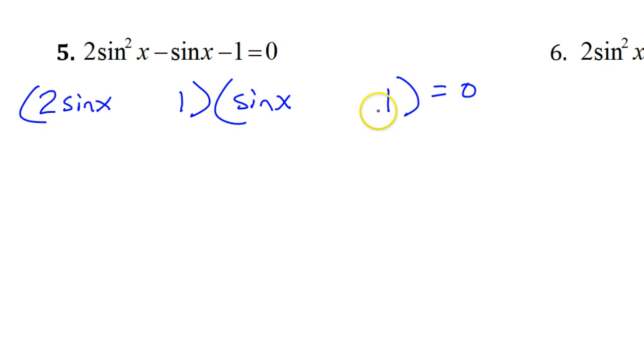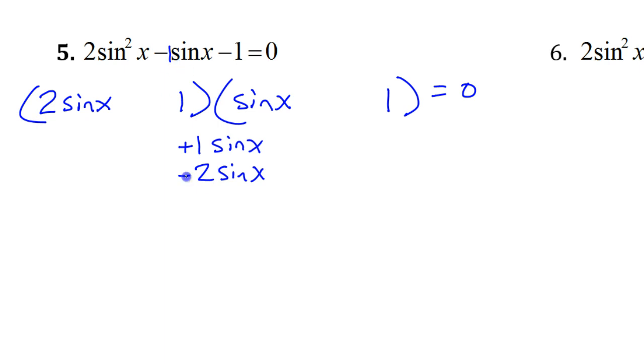Inner plus outer must equal middle. Inner, I have 1 sine x. Outer, I have 2 sine x. I'm trying to get negative 1 sine x in the middle. I will get negative 1 if this is a positive 1 sine x and this is a negative 2 sine x.